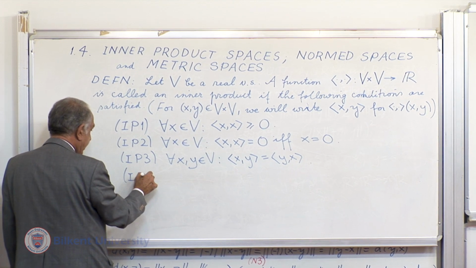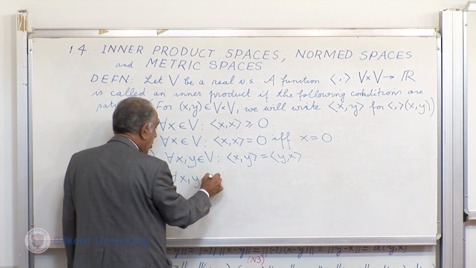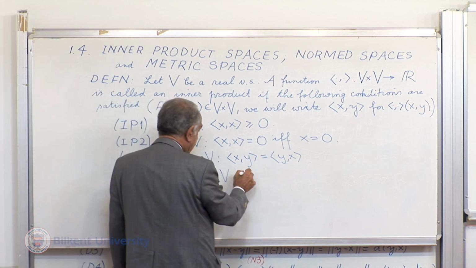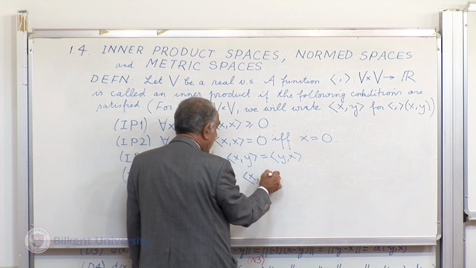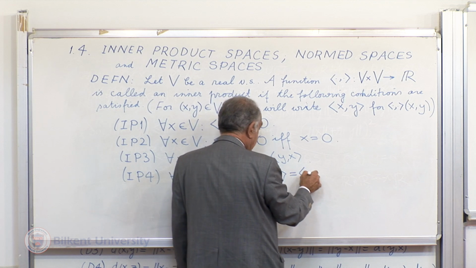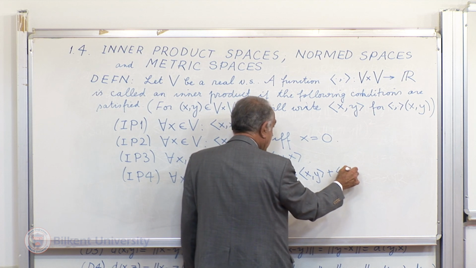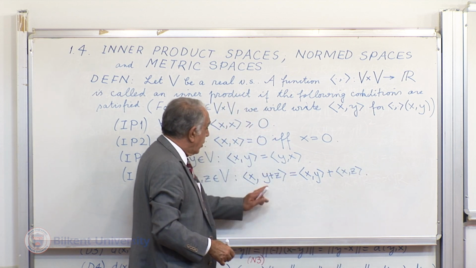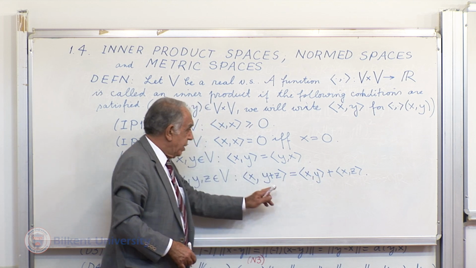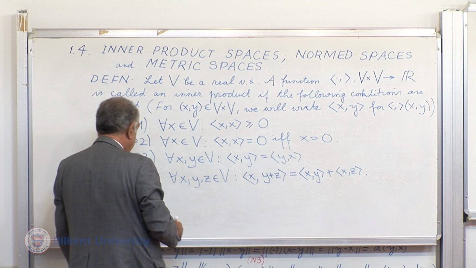IP4, for all xyz in V, no matter what three members of V I take, the image of x taken together with y plus z is equal to the image of xy plus the image of xz under this function. Here, although we use the same symbol, this is addition of real numbers, but this is addition of vectors in the real vector space V.